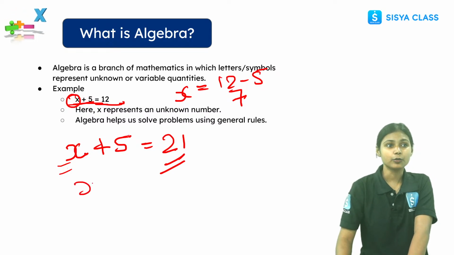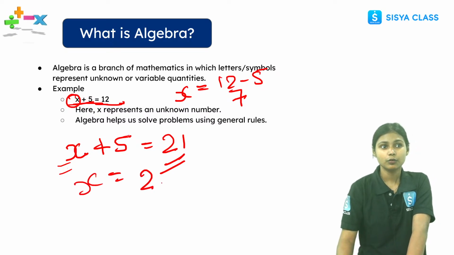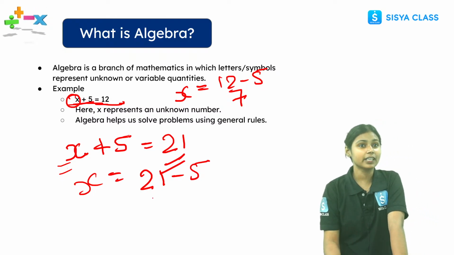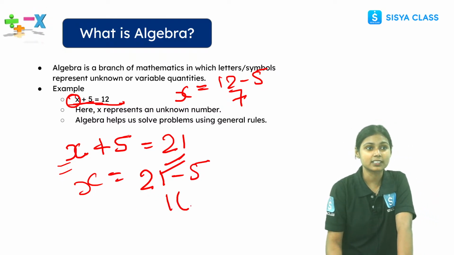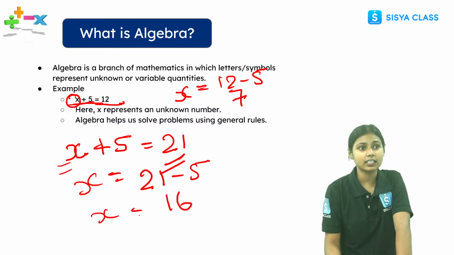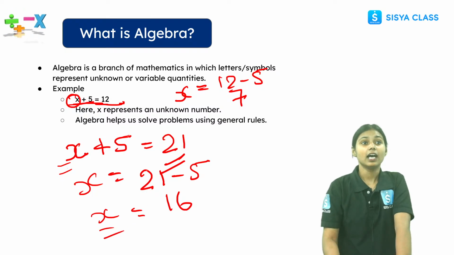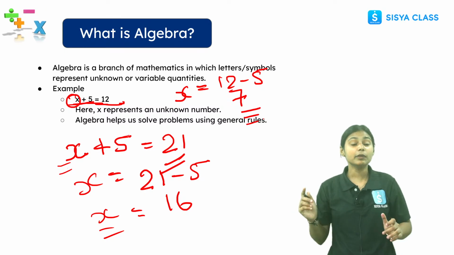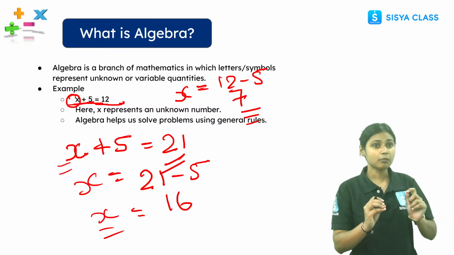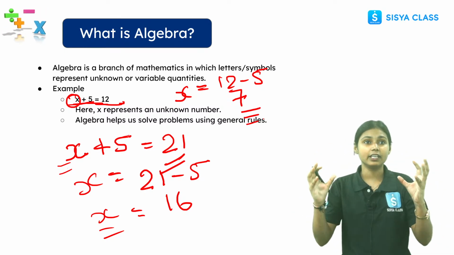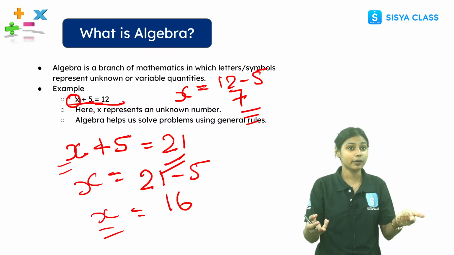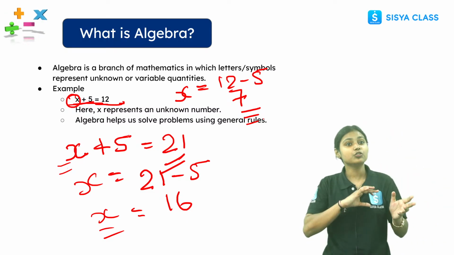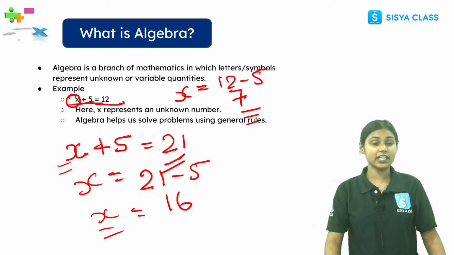To find it, x equals 21 minus 5, which is 16. So here the value of x is 16, and in the first question the value of x was 7. It means the variables have different values according to the question. As the question or the scenario changes, the value changes. Got it? Is it clear?